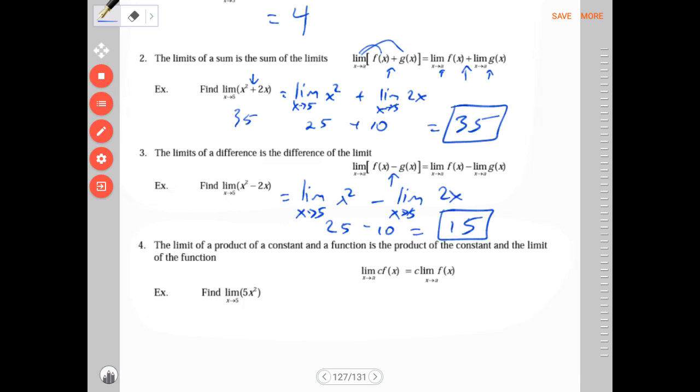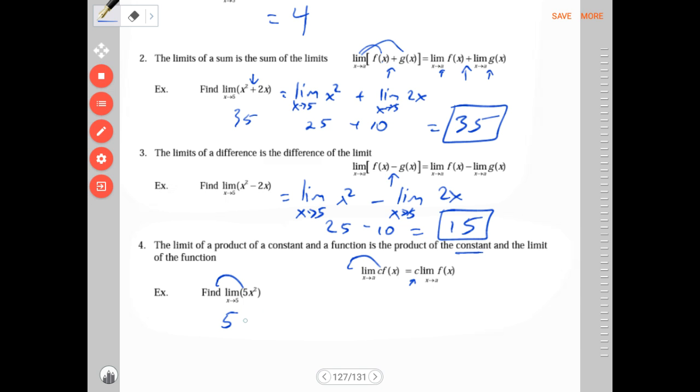The limit of a product of a constant and a function is the product of the constant and the limit of the function. If I have the limit as x approaches a of this, I can just kick the constant right out. The constant comes out in front times the limit of the function part. So here the 5 just kicks out.